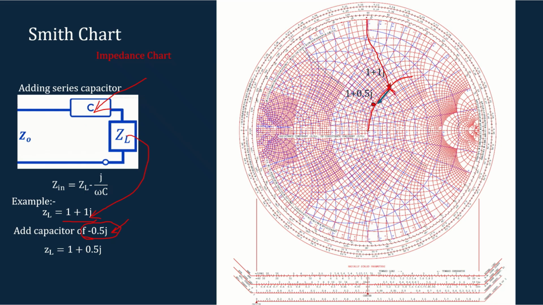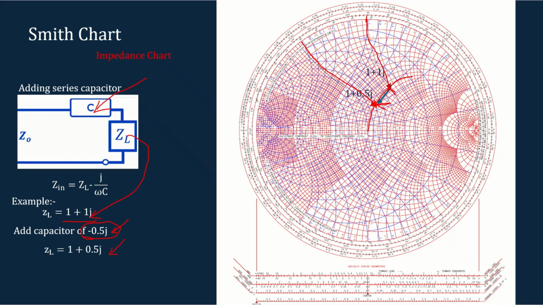Here my initial inductance is 1j, and if I move by minus 0.5, it will be 0.5. Here you can see 0.9, 0.8, 0.7, 0.6, and 0.5. So this line will be my 0.5 inductance, and the intersection of the constant resistance circle and this line will be my equivalent value after adding the series capacitor.